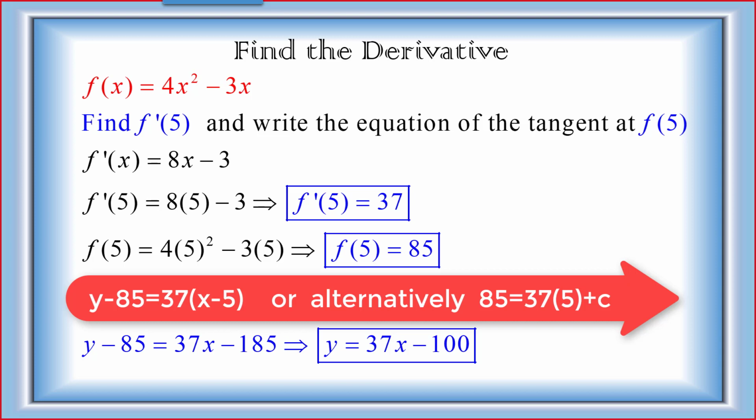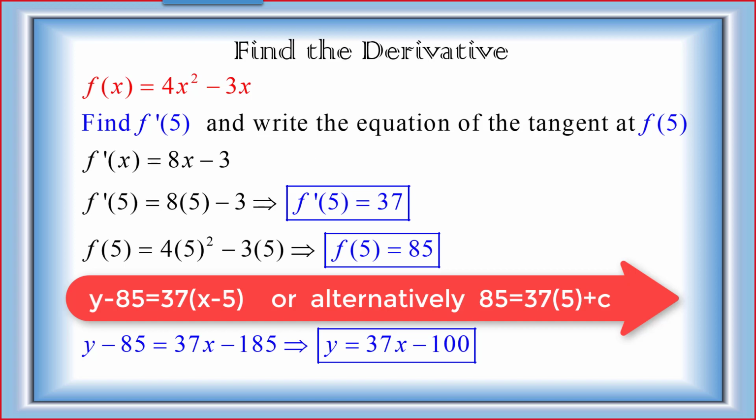What I also need is the function value at 5. So I'm going to substitute 5 in the original function, which is 4x squared minus 3x. So if I substitute that, 5 squared is 25 times 4 is 100, minus 3 times 5 is 15. So 100 minus 15 gives me the function value at 5 as 85. Now we know that to write the equation for a straight line or for a tangent, we go y minus y1.